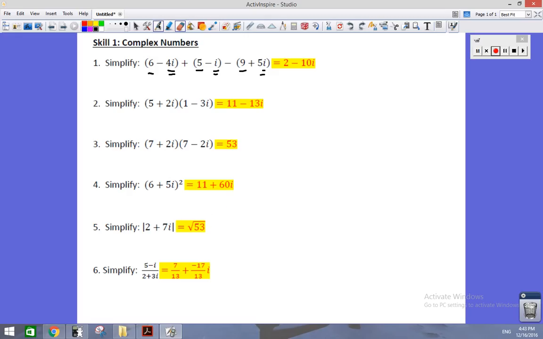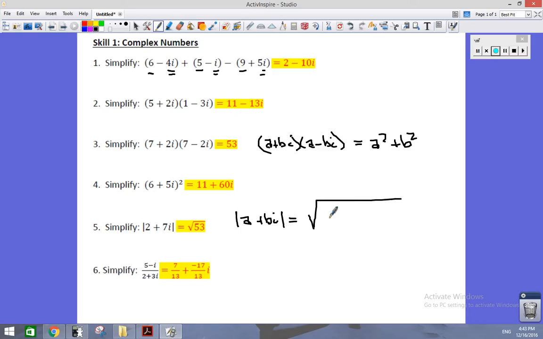Now, remember that the formula for a complex conjugate, a plus bi times a minus bi, is a squared plus b squared. The formula for taking the absolute value of a complex number, the absolute value of a plus bi, I'm afraid some people have confused the a squared plus b squared with the square root of a squared plus b squared.